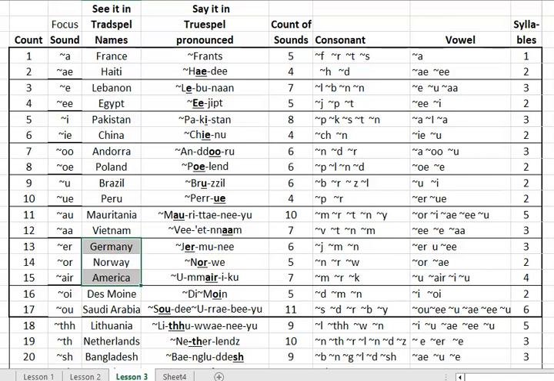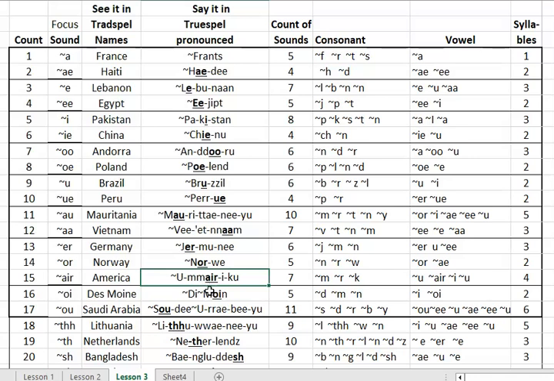What we're talking about here is the influence of the letter R. In Germany, ER is the usual symbol for that sound, but IR and UR are also used, though ER is predominant, and the E is not a typical short E, it's combined with R. And Norway is not a typical O. And America is not a typical A for the stressed syllable.